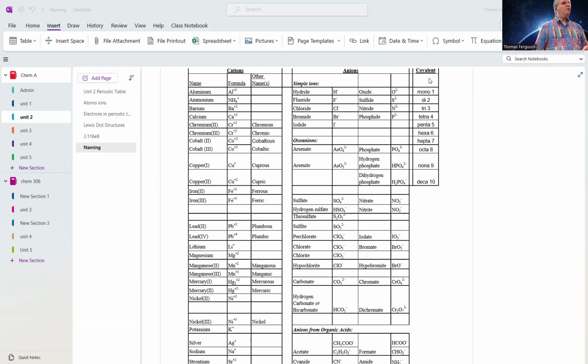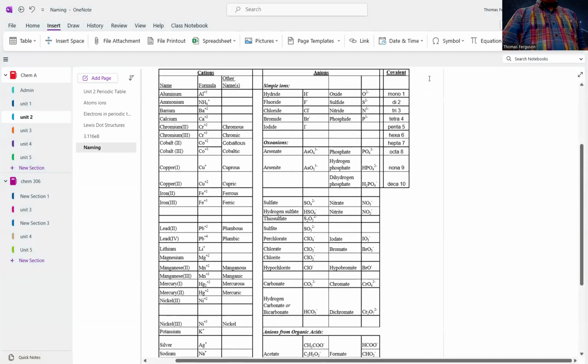So when you're using the covalent naming convention, you need to know these: mono, di, tri, tetra, penta, hexa, etc. For the ionic, you don't use those, only the covalent. Most students find the covalent naming easier than the ionic, so I'm going to cover the molecular or covalent one first.